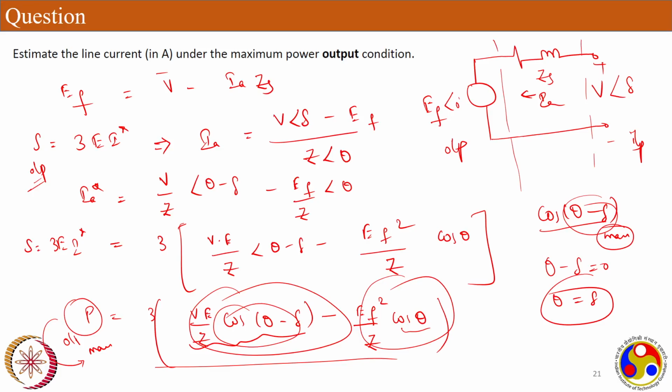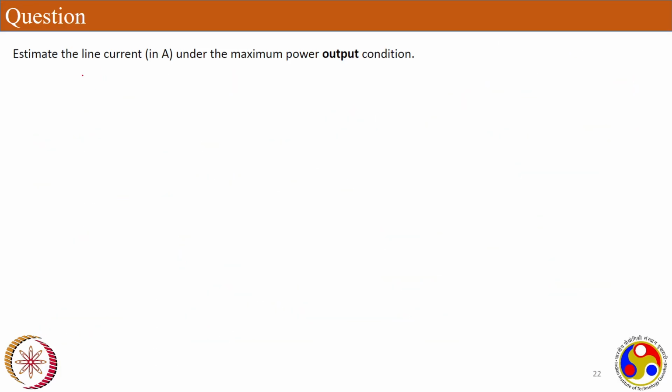So now let's calculate how much is this maximum output power. I will substitute: theta minus delta will be maximum, and the cos of theta minus delta will be 1. Now 3 times VE by Z minus EF square by Z cos theta.